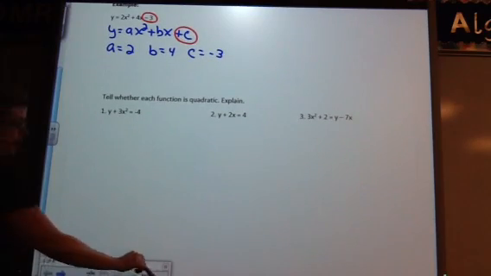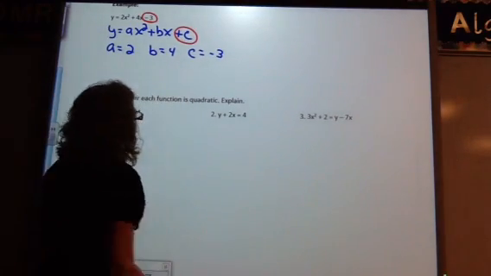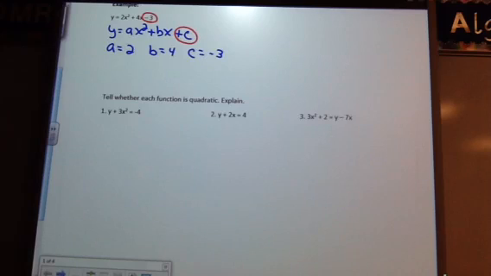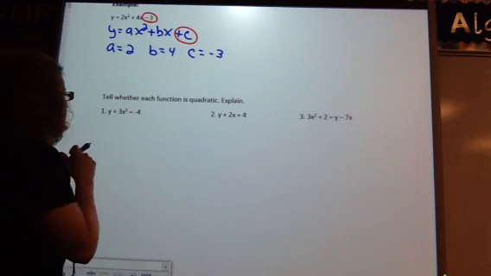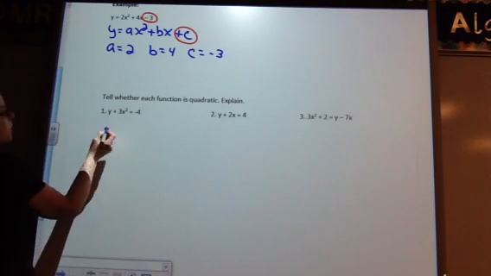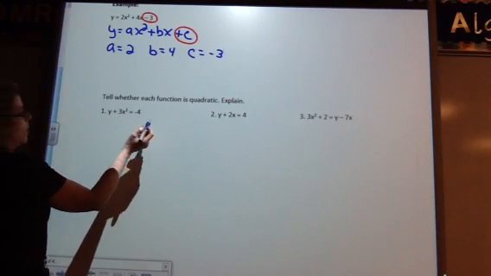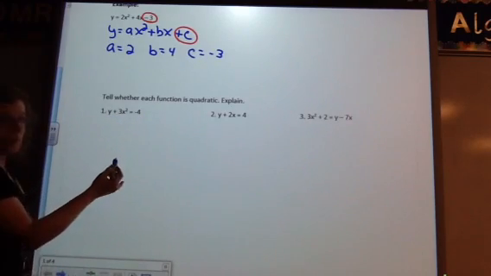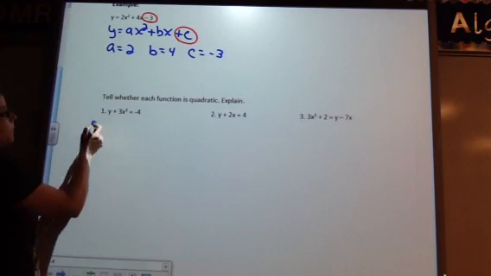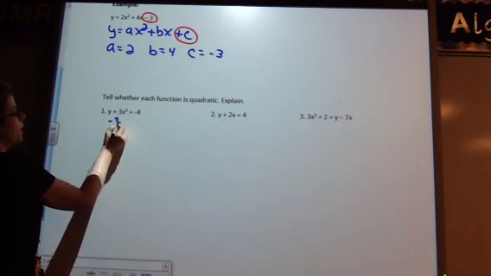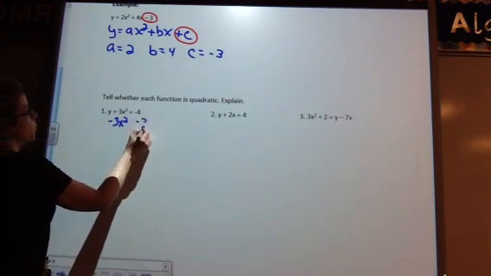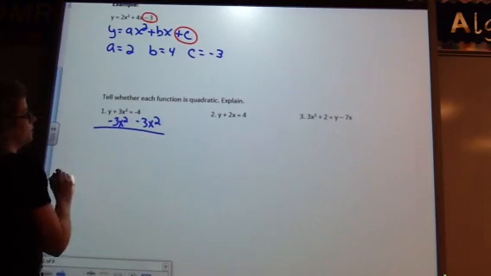Alright, so we're going to start out and tell whether these are quadratic functions, and we're also going to have to explain why. Okay, so the first step is we want to get this in our quadratic function form where y is isolated. So to isolate the variable y, we need to subtract 3x squared from both sides.